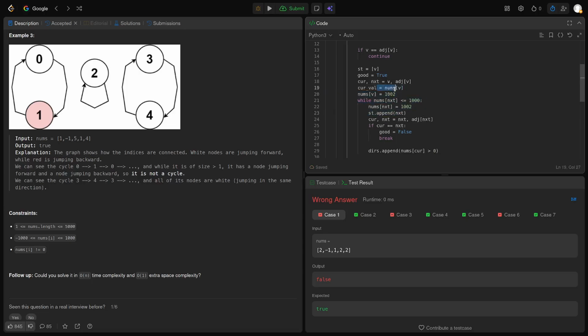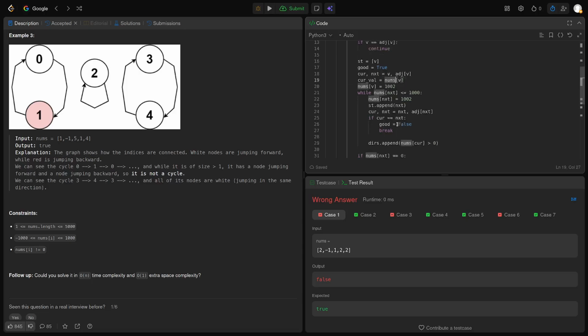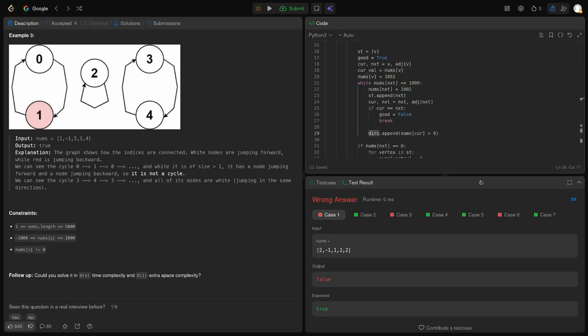And then current value, and then we do if, and this should be done at the end, I guess.